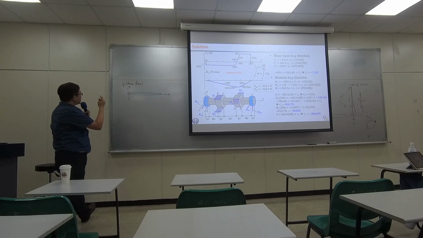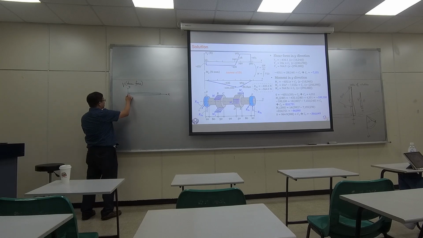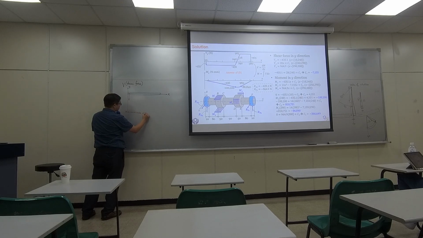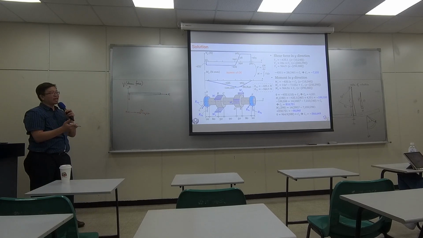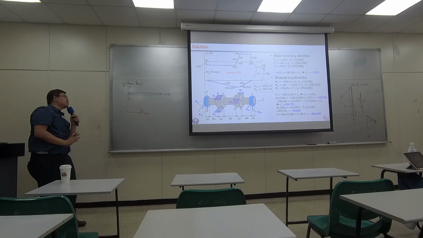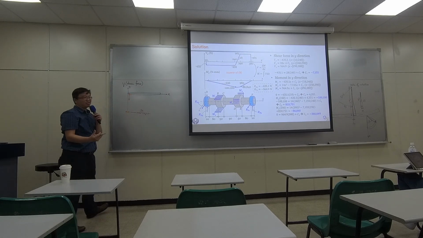So usually I will take a walk from x equals 0, and then I will walk toward right. And whenever you meet somewhere that has a reaction force, either up or down, then your shearing force will be increased by that amount.